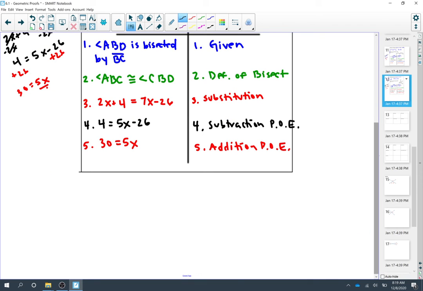From there, I'm going to divide by 5. Okay, and make sure you're paying attention to what side things are on, because if you just flip sides, that's going to get you in trouble. So 6 equals x, and what I mean by that is the x is on the right, you better leave it there. The 6 is on the right, you better leave it there. Okay, and that was division.